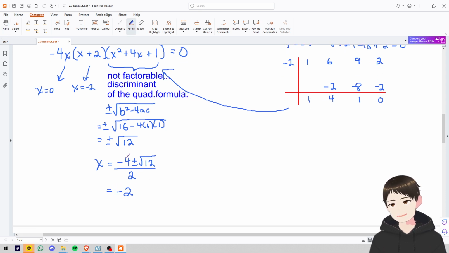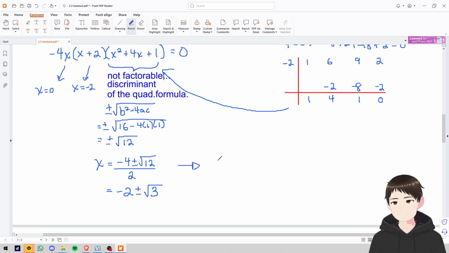This is going to be negative 4 divided by 2 plus minus root 12 divided by 2, which is the same as saying root 12 divided by root 4. That's going to be 3. You might be wondering how this comes about.